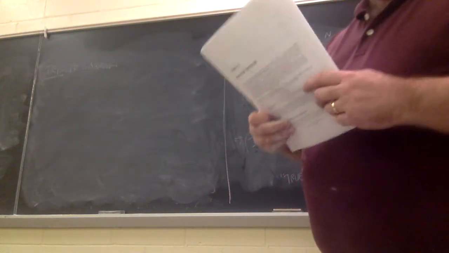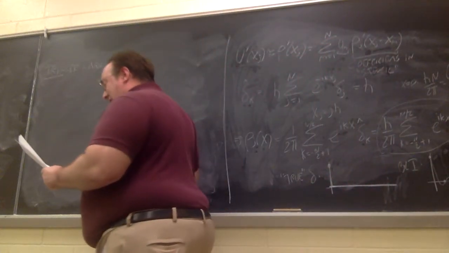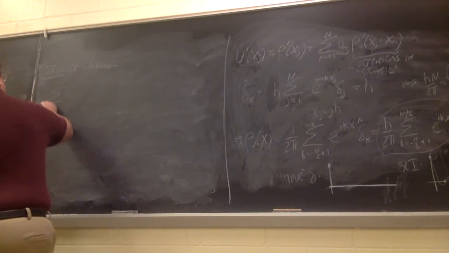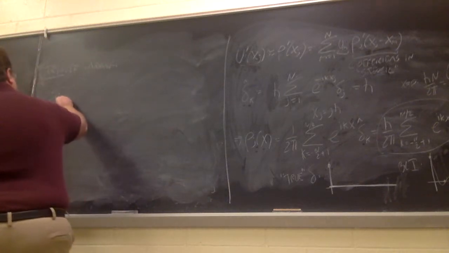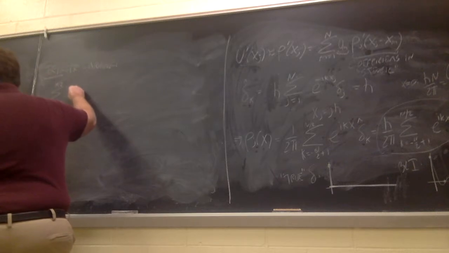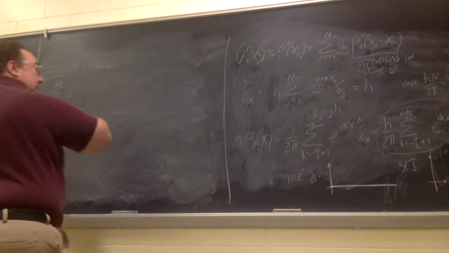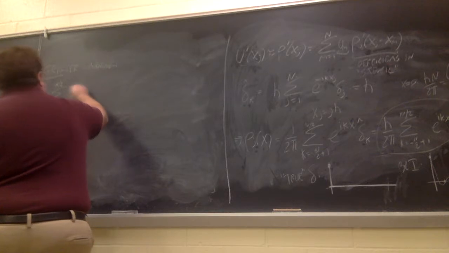Yes. Trig alert. Sorry, I couldn't resist. So this sum. Now I'm just focusing on the summation, forgetting about the h over 2 pi part, we'll put that back in later. e to the i kx.